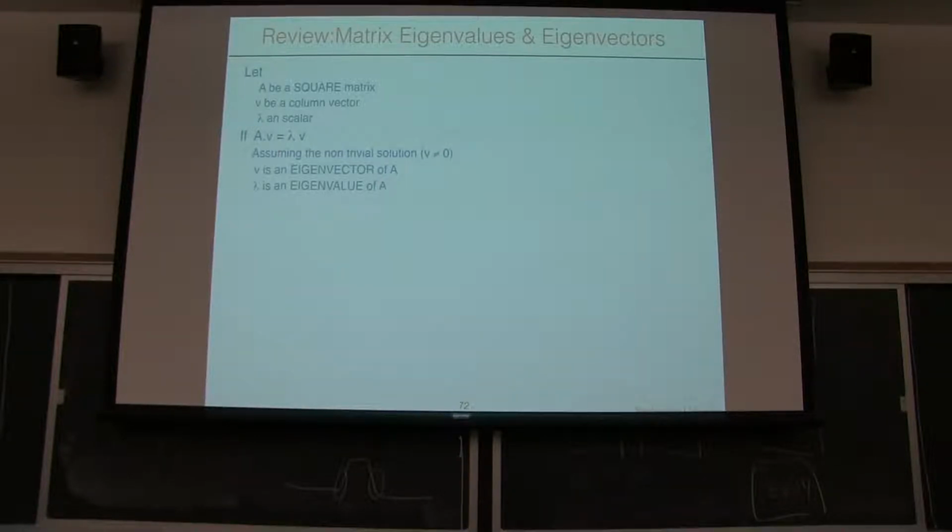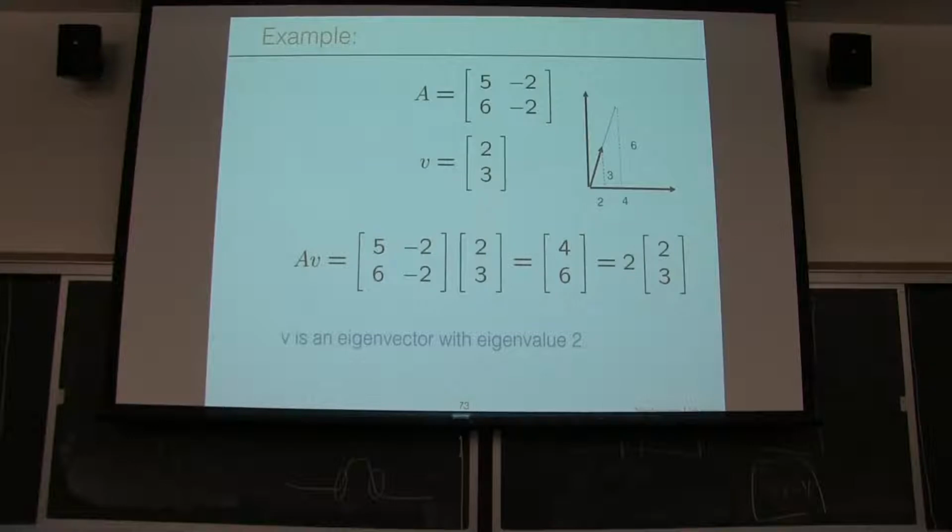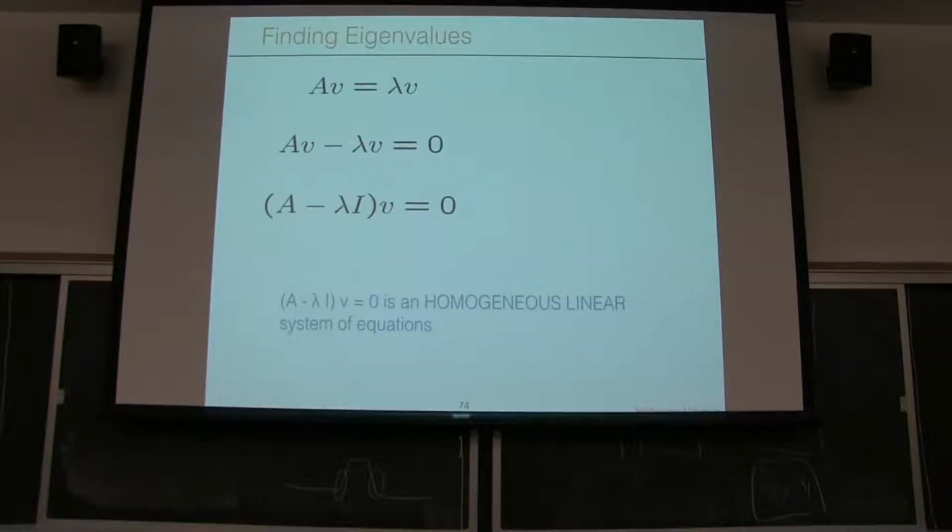Okay? And so how do we find eigenvalues and eigenvectors? Well, that's easy, right? So here's my matrix A. Here's an example of an eigenvector and an eigenvalue. How did I find this to show it to you? Well, what we did was solve this system of equations, right? V has to be an eigenvector, so it has to satisfy that.